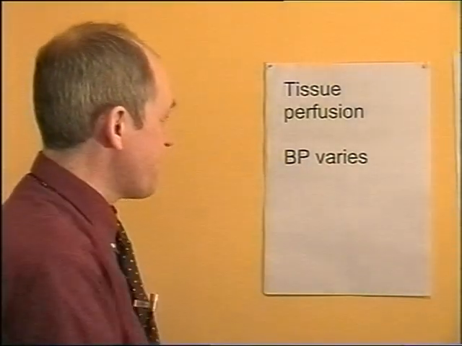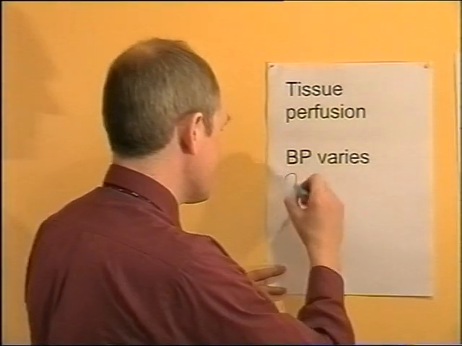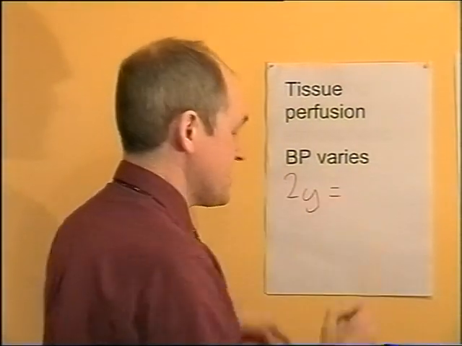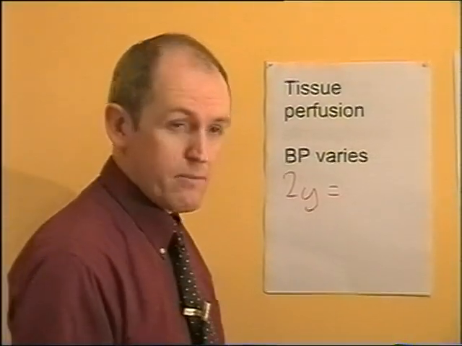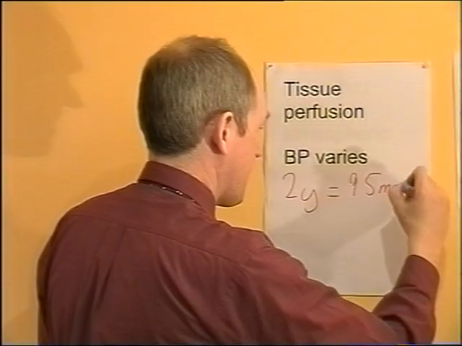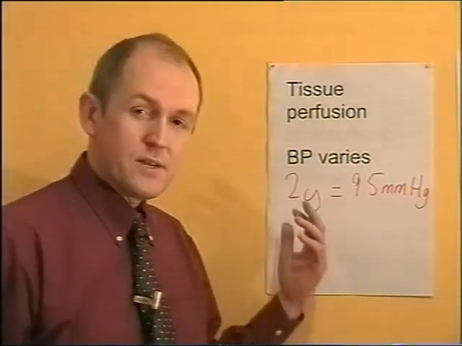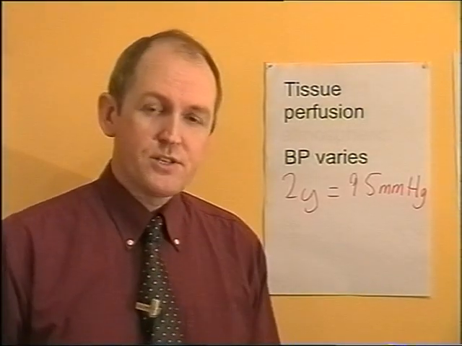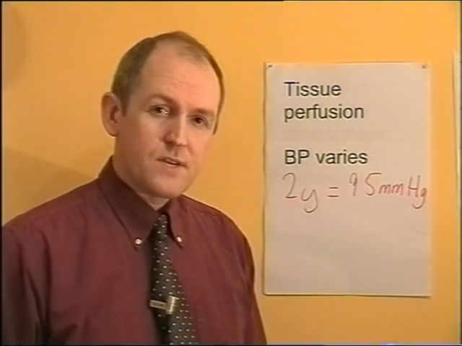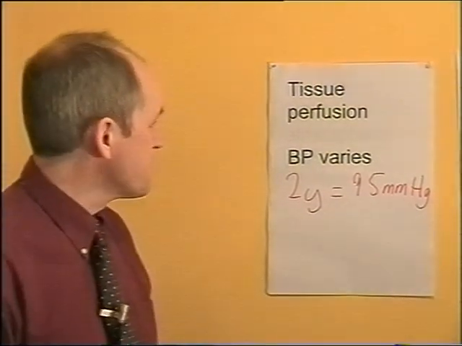Now, blood pressure does vary a little with age. For example, at 2 years of age, a systolic blood pressure of about 95 millimeters of mercury would be acceptable. So children have somewhat lower blood pressures than adults. Now don't worry about that term I've just used, systolic. We're going to come on to that in a minute.